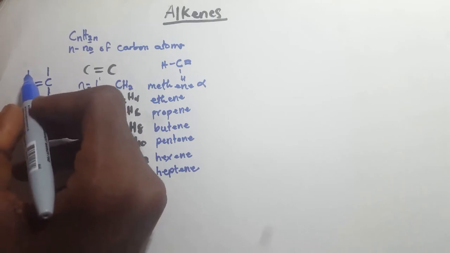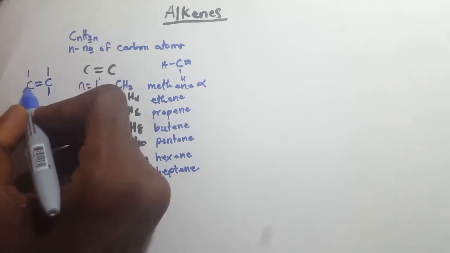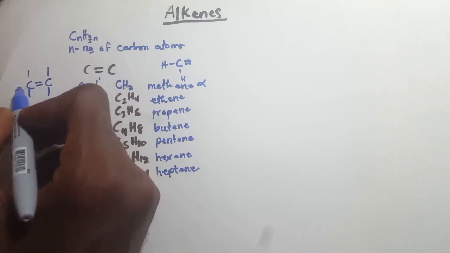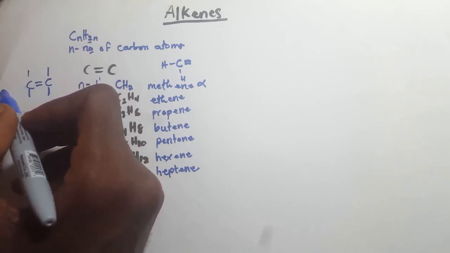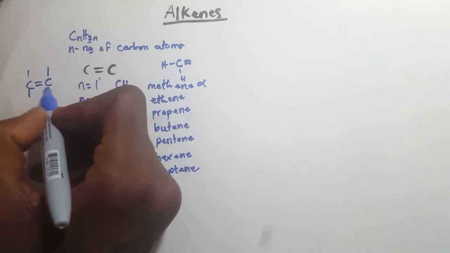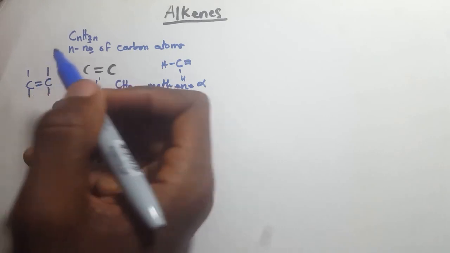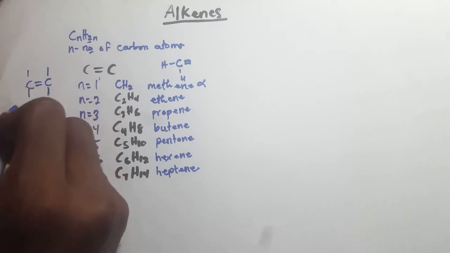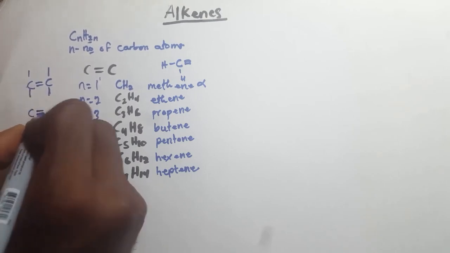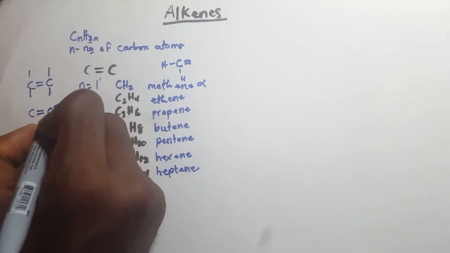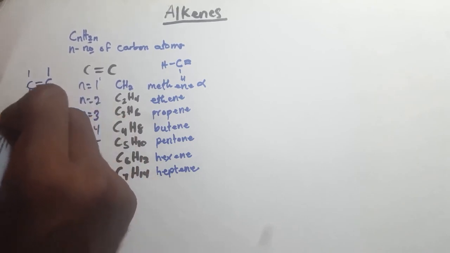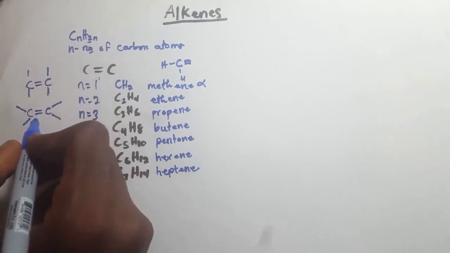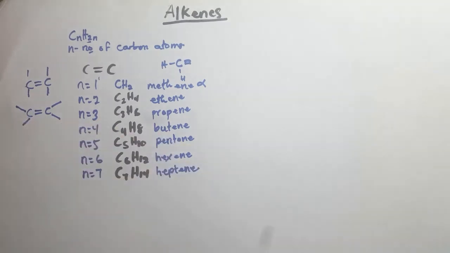Since carbon is tetravalent, it needs 4 to be fully filled. So 1, 2, 3, 4. When you add another one, it's going to be 5, which will make it wrong. So we have 1, 2, 3, 4 for this carbon as well. The carbon could be a straight chain or a branched chain. We are going to talk more about this in isomerism in alkenes.